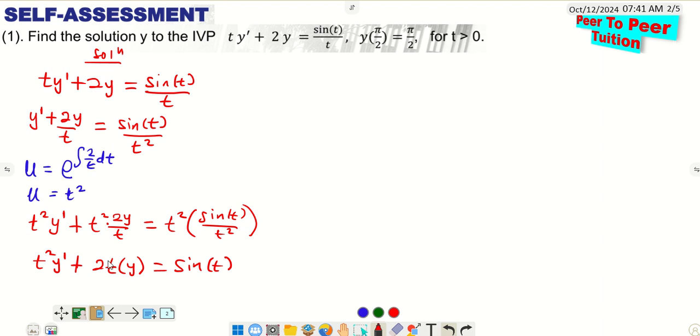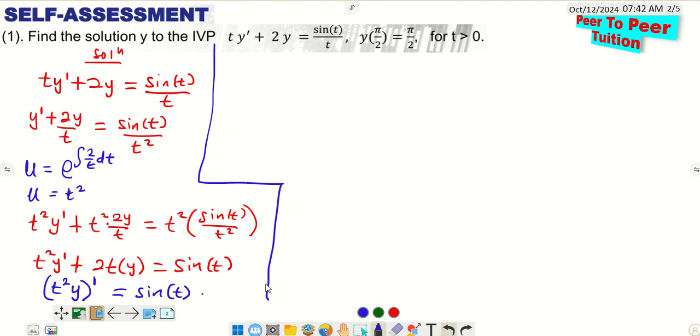This follows the product rule, so it simplifies to the integrating factor multiplied by the dependent variable, all prime, equal to sine t. From here we need to find a total derivative. Let us integrate both sides with respect to t.